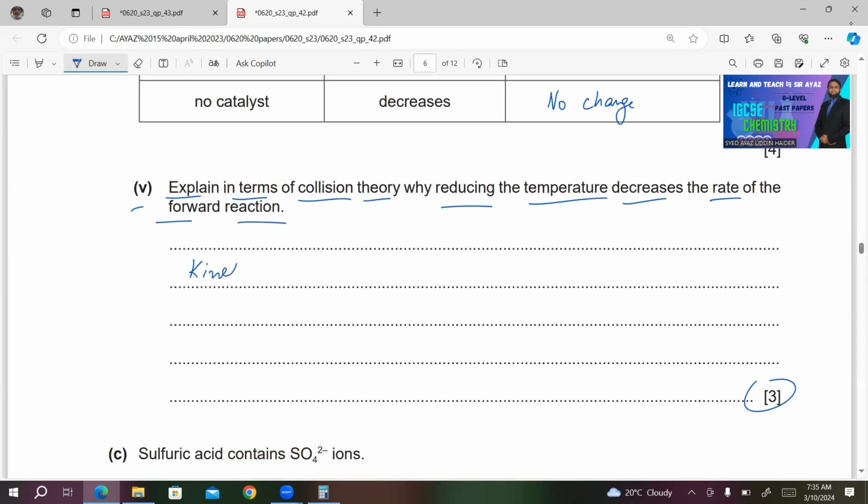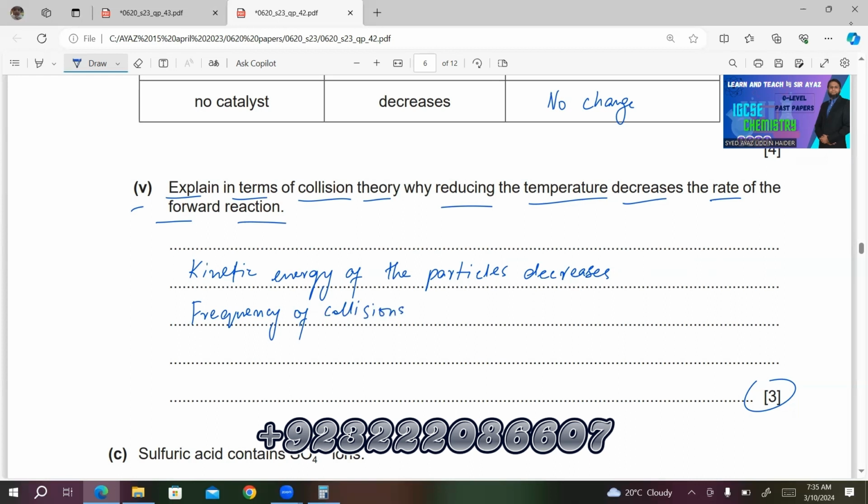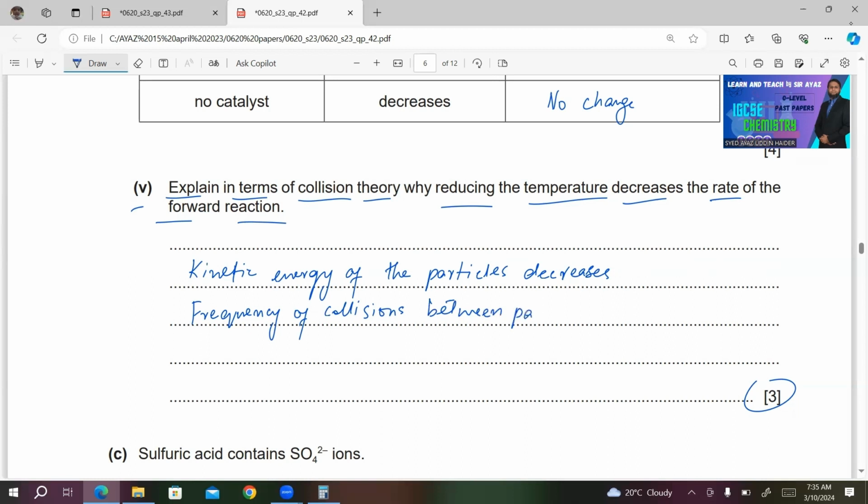Kinetic energy of the particles decreases. Frequency of collision between particles decreases.